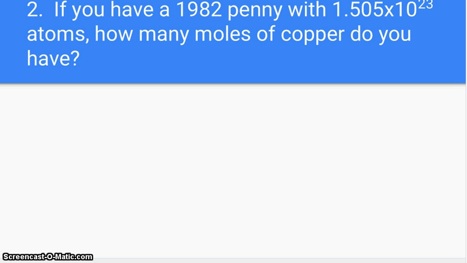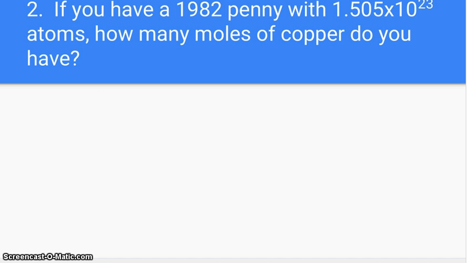If you have a 1982 penny with 1.505 times 10 to the 23rd atoms, how many moles of copper do you have? All right, so this is where we've got a lot more words and different units here that you're not typically used to dealing with. So let's start with what do we know? I'm going to underline what we know.